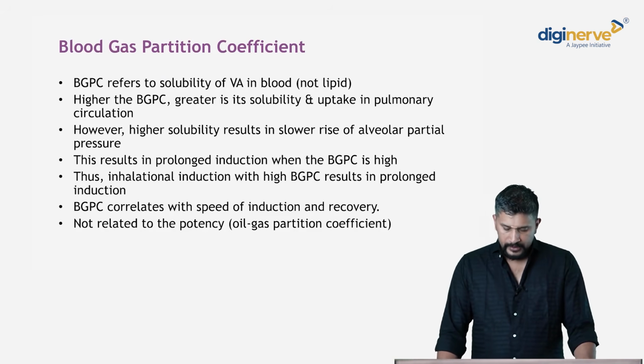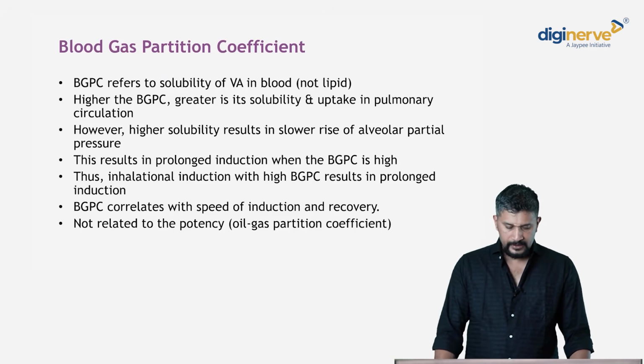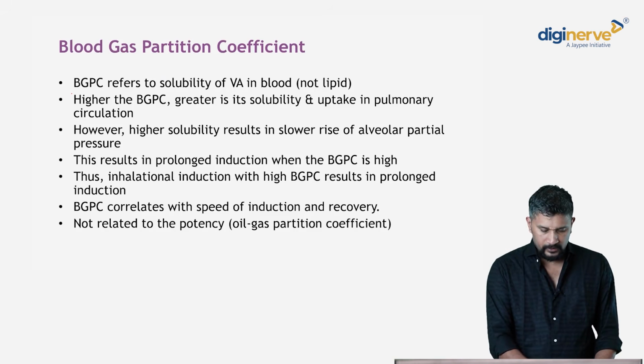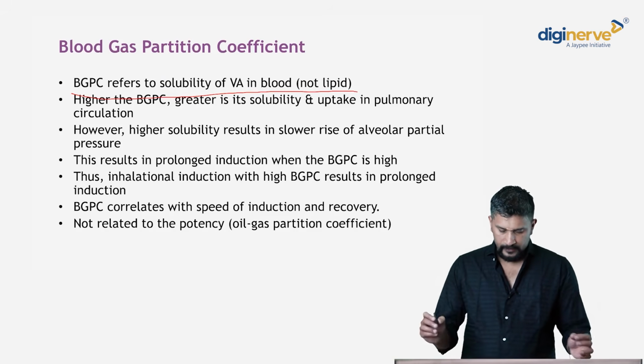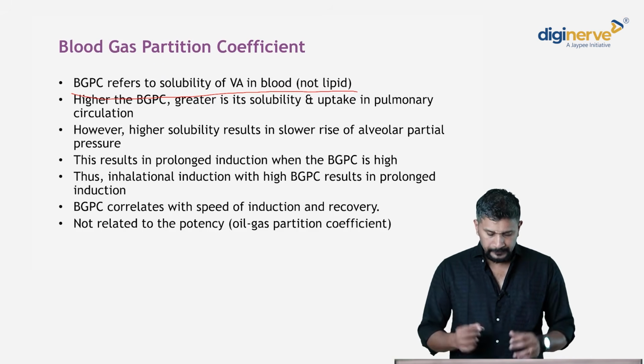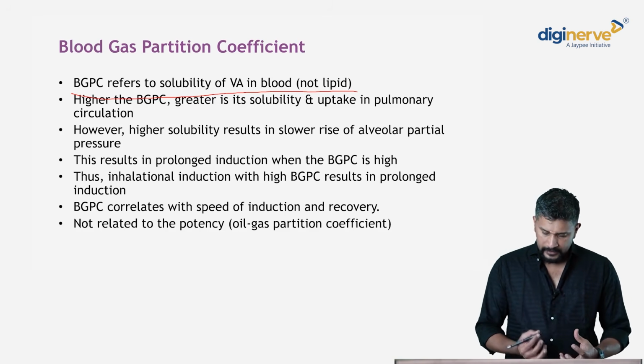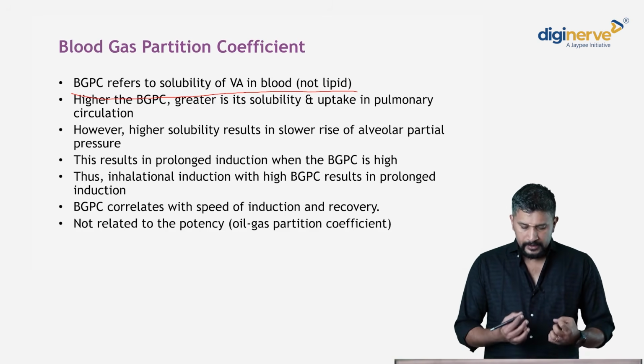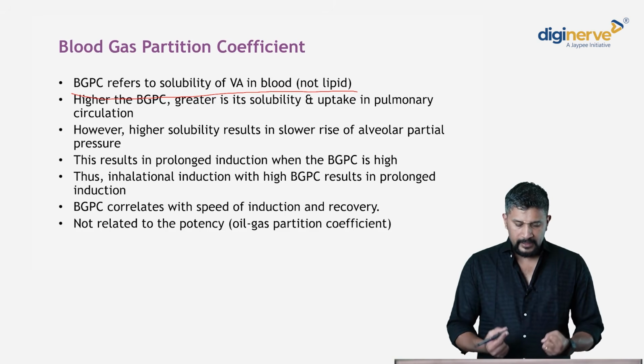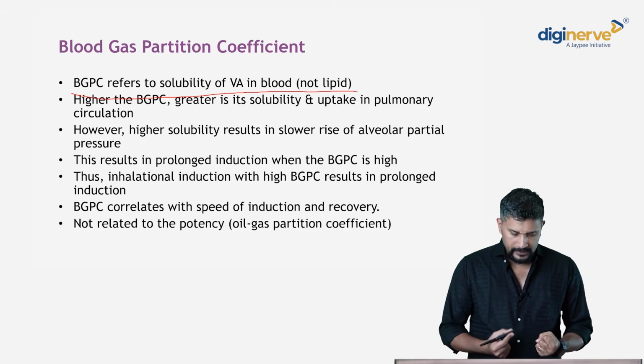So like we saw earlier, blood gas partition coefficient refers to the solubility of the volatile anesthetic in blood, not in lipid. Therefore, the higher the blood gas partition coefficient, the greater will be the solubility and uptake in the pulmonary circulation.